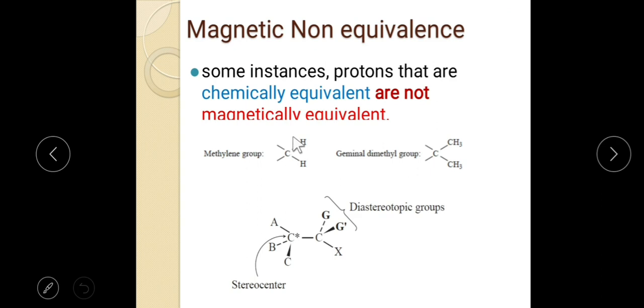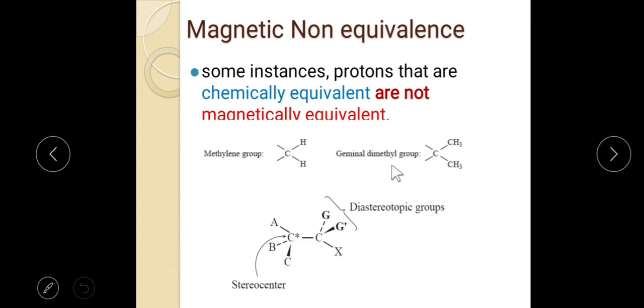The most discussed and most interesting topic is the methylene group, that is CH2. If this CH2 is on the side of a chiral center, these two hydrogens will behave differently and show different chemical shifts.